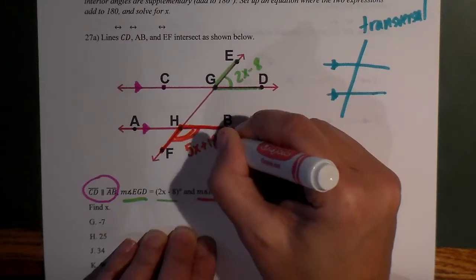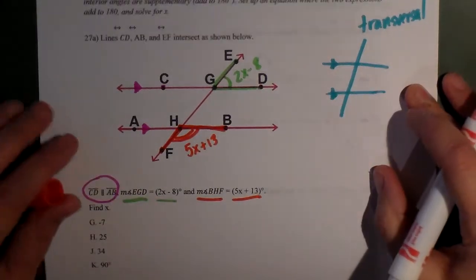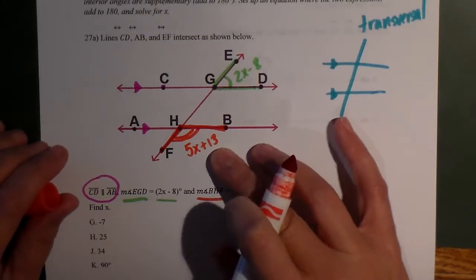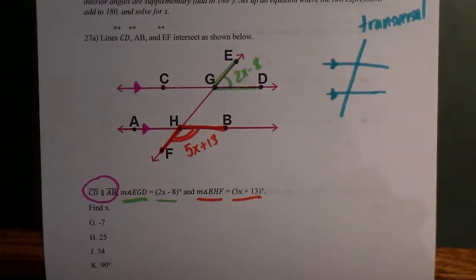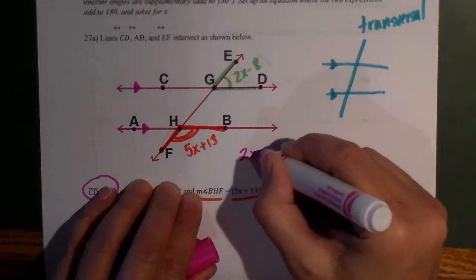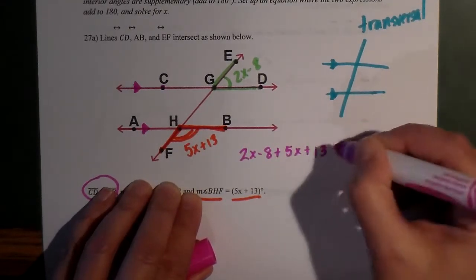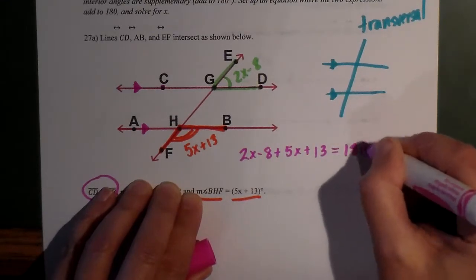Now if you look at the picture, I have an acute angle and an obtuse angle. So they're not equal. That means they add to 180. So what you're going to have to do is set up an equation and actually solve for x, knowing that 2x minus 8 plus 5x plus 13 has to equal 180.